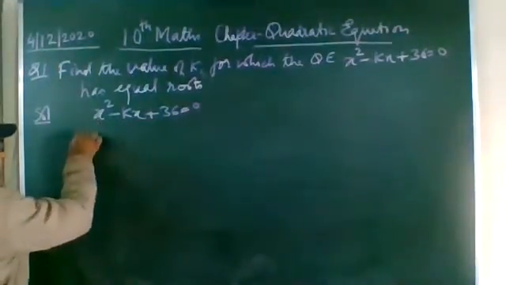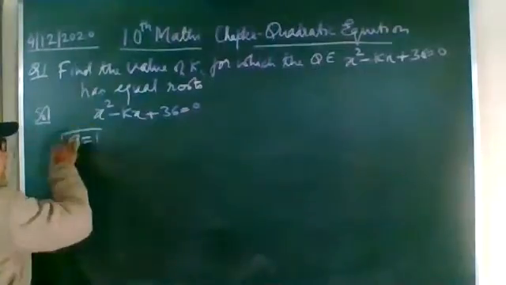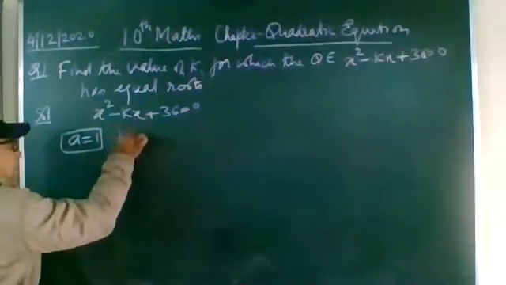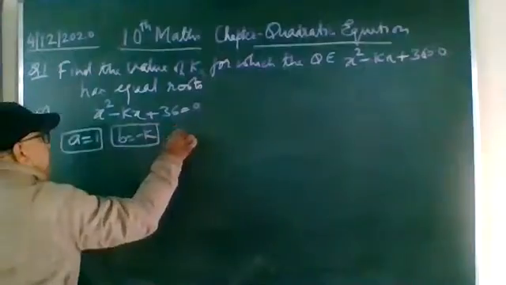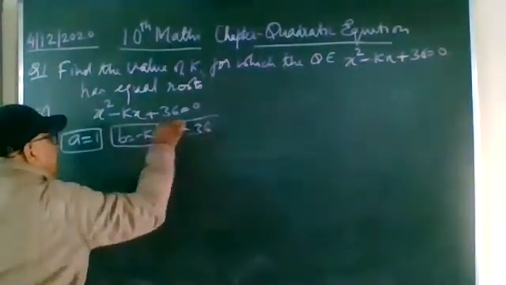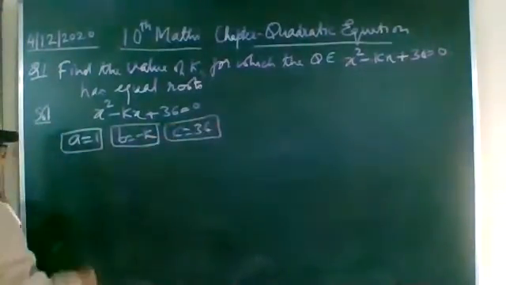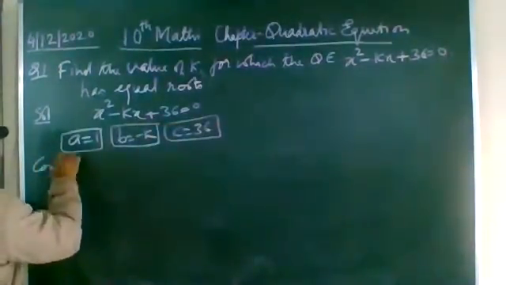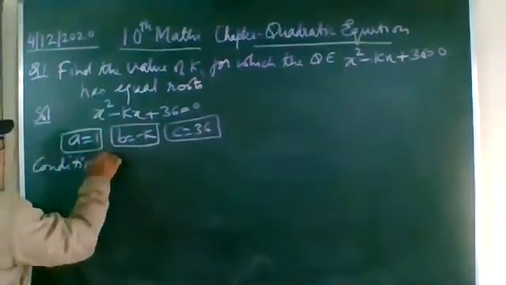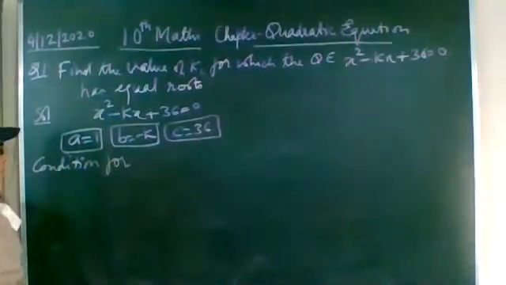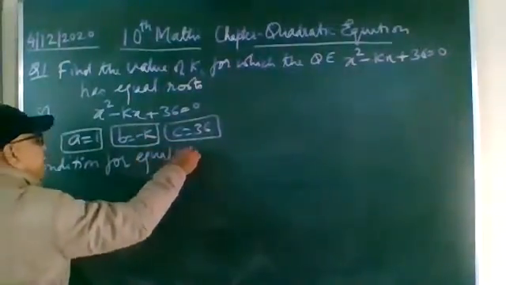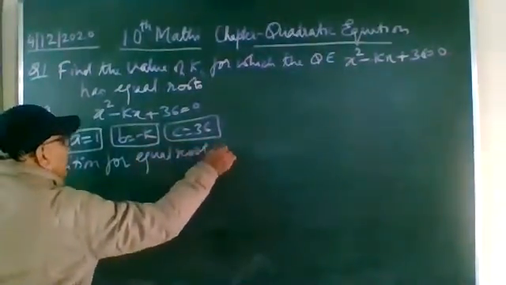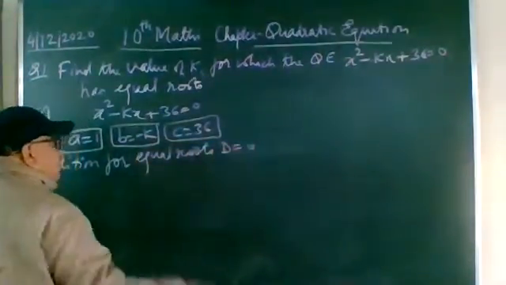A is 1, b is minus k, c is 36. Condition for equal roots: D equal to 0.